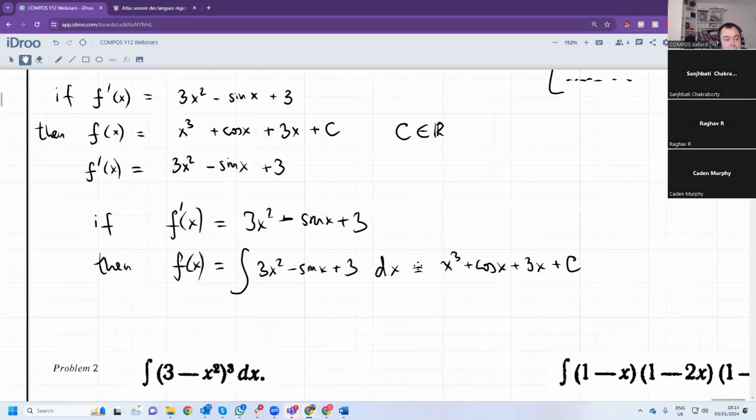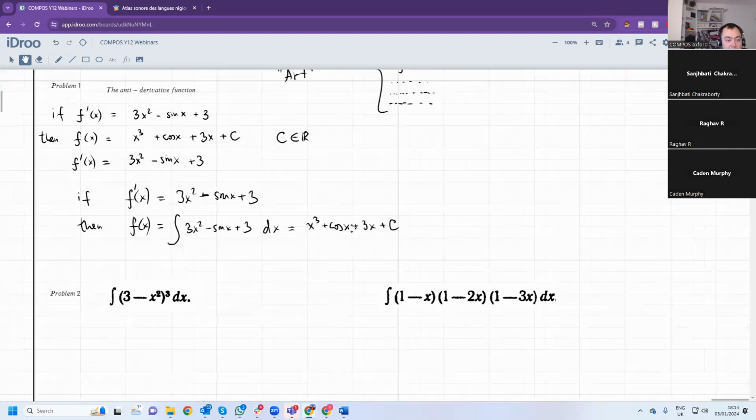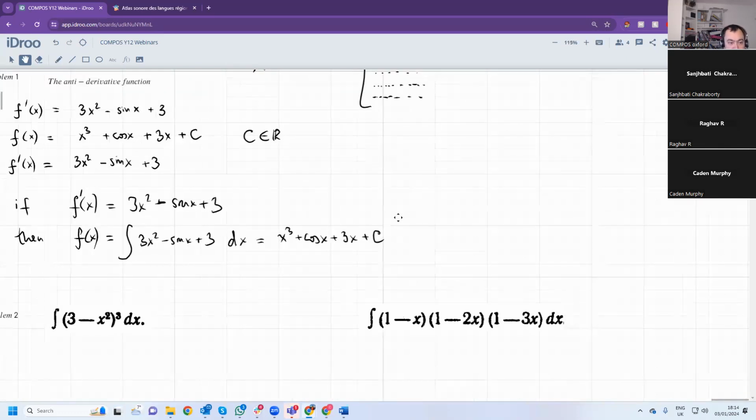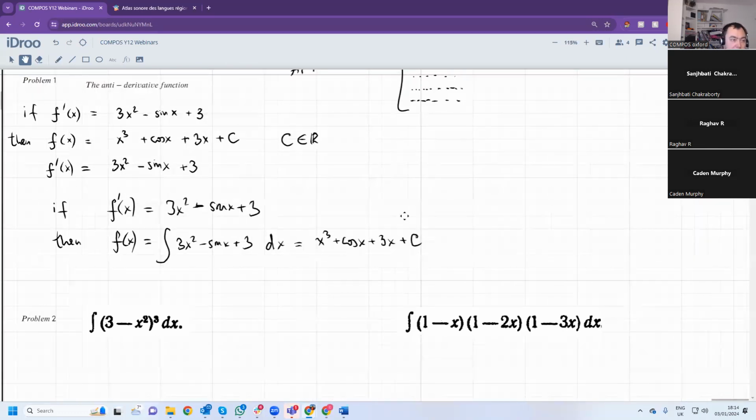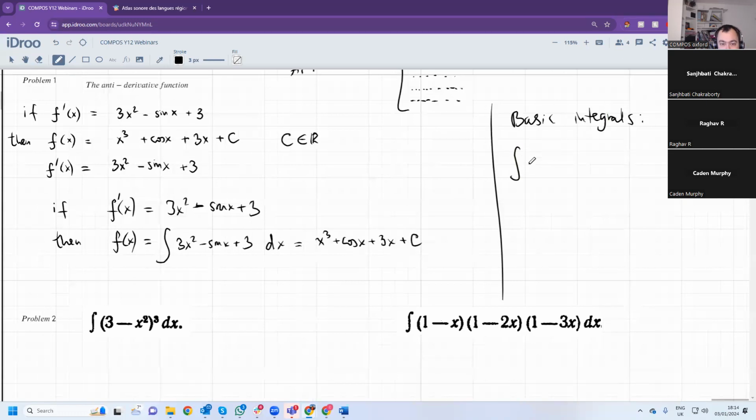Okay. And there are three basic integrals here. The integral of x to the power n dx is x to the power n plus 1 over n plus 1, plus c.